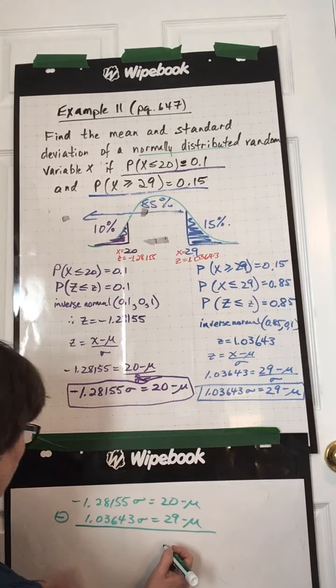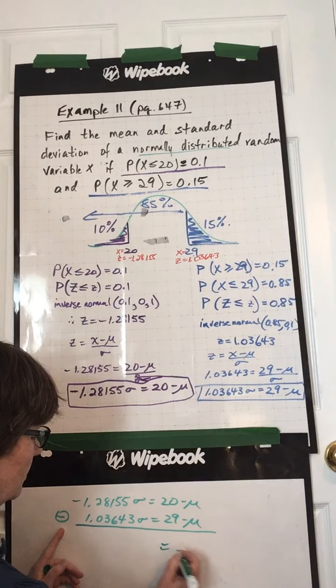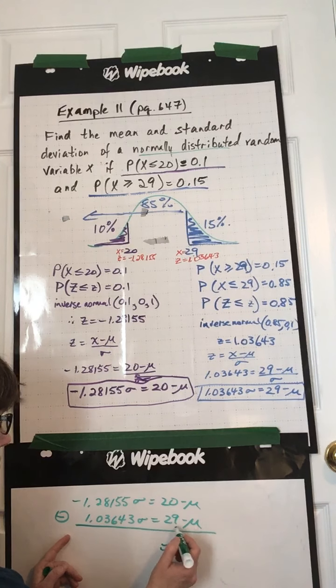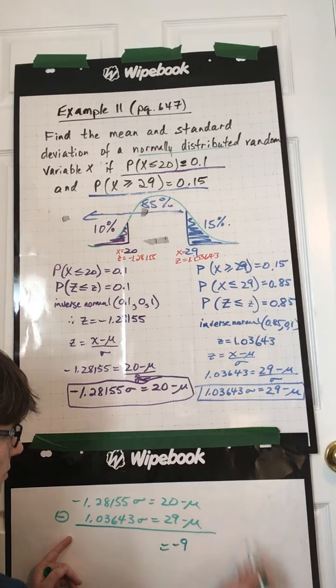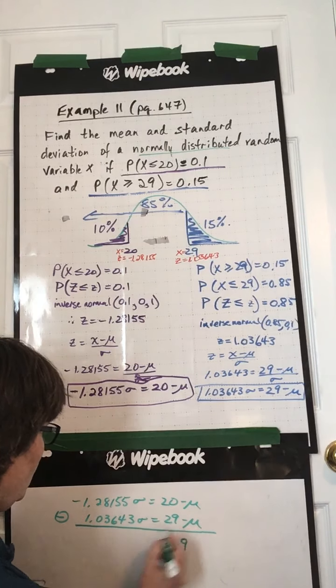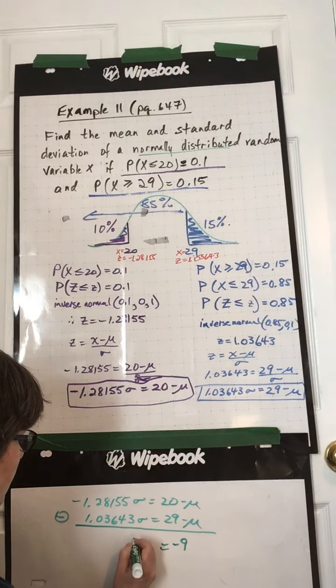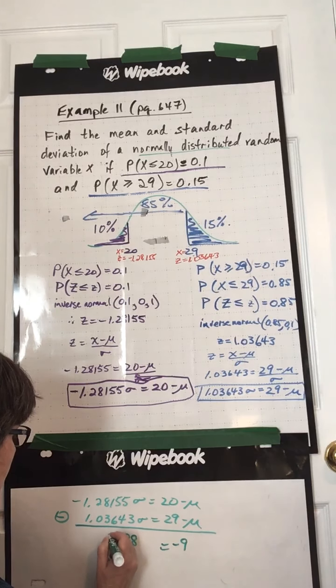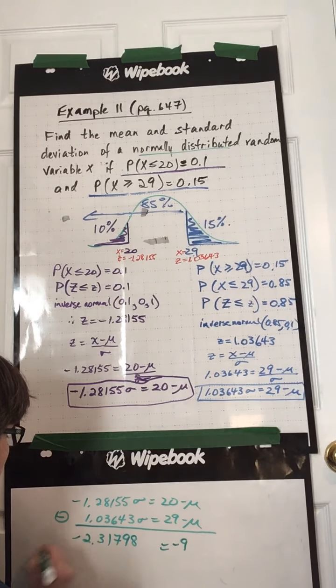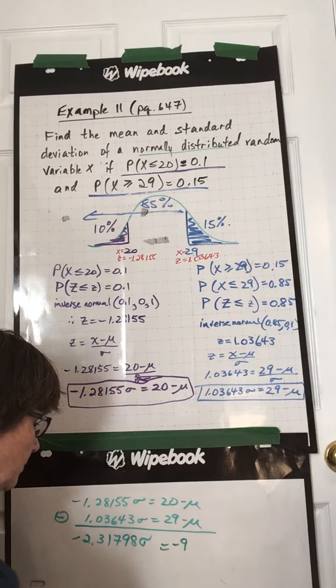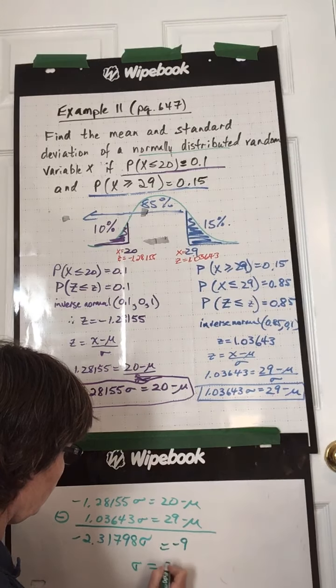If I'm subtracting, negative mu subtract negative mu would be adding mu, which would be 0.